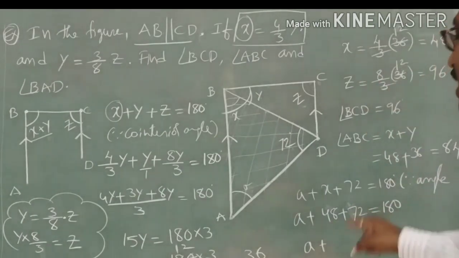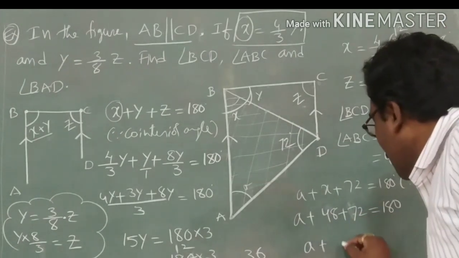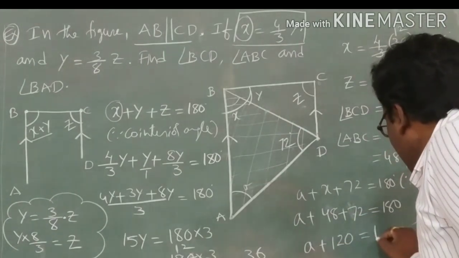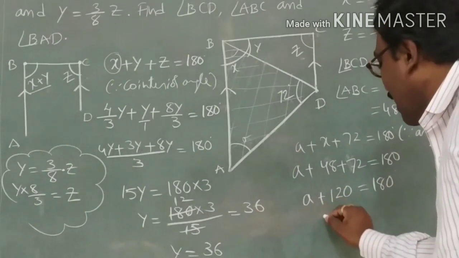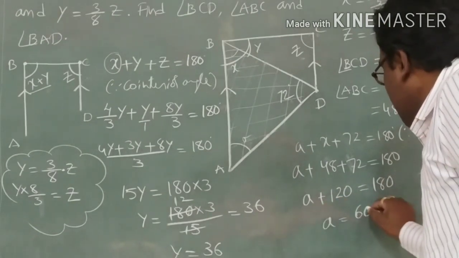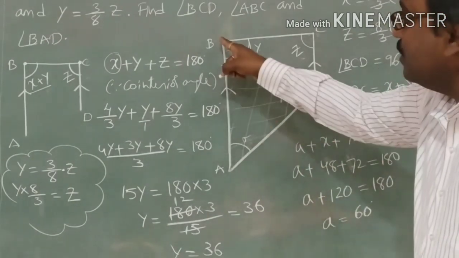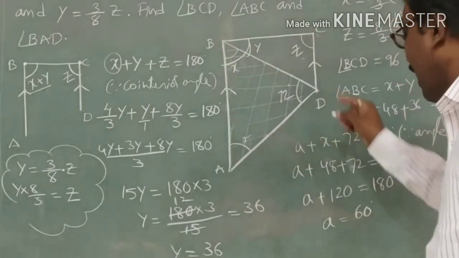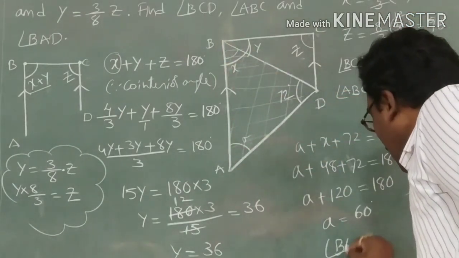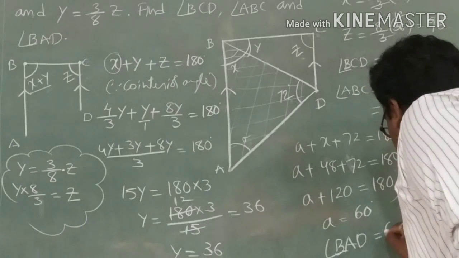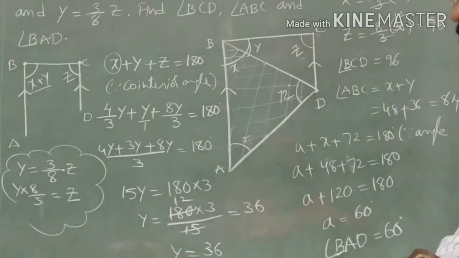A plus 48 plus 72. Okay, 120. Now I want A. A is equal to 60. Where A is, what is that angle? BAD. Angle BAD is equal to 60 degrees.